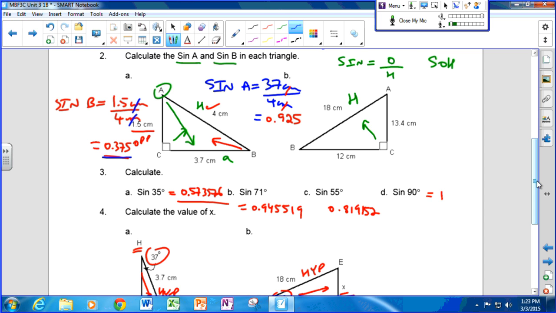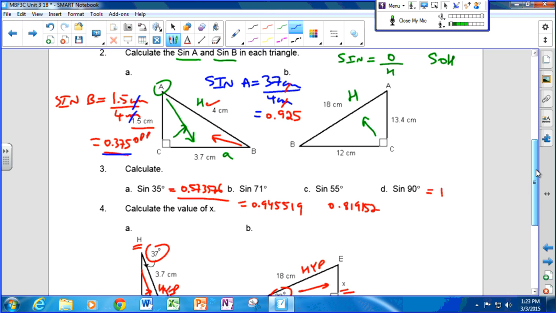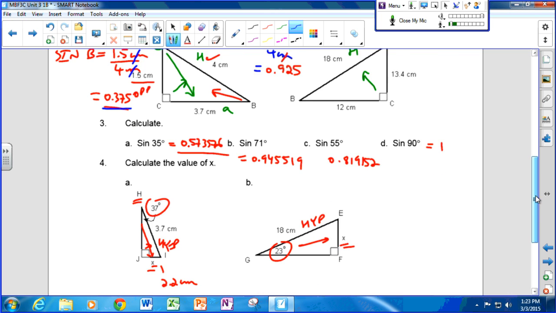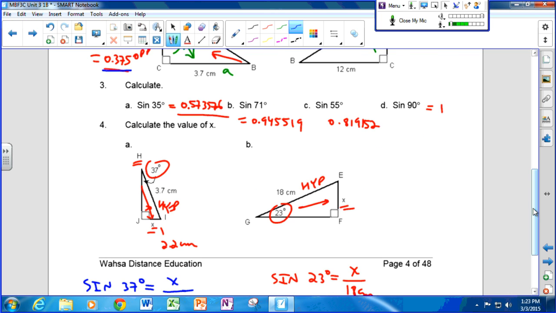But the actual angle B, if you were to turn it into an angle, that does have units. It'll be degrees.